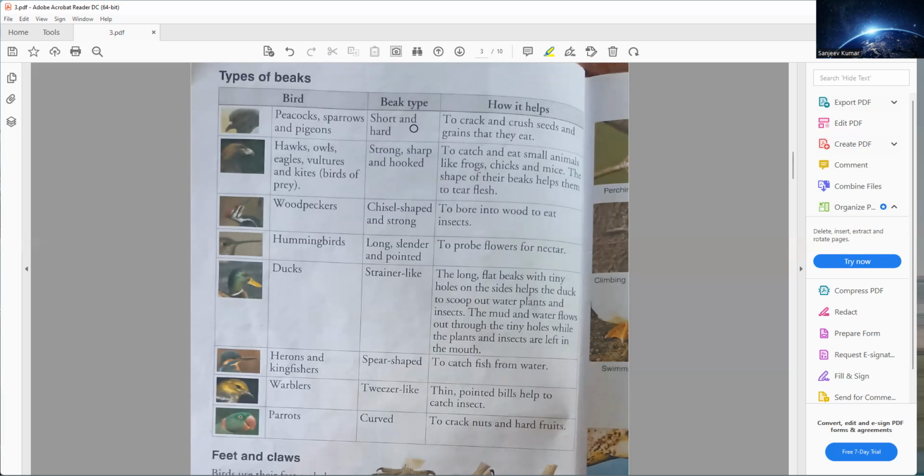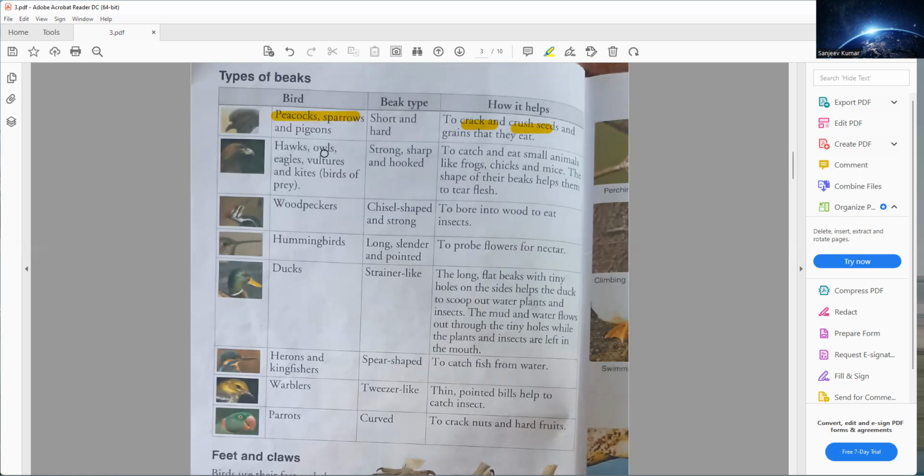They eat the seeds, the grains in the field, है ना? दिमाग में सबसे पहले they eat the grains. We give them bajra, crushed food particles, smaller particles, the grains. So with that we can think that the beak is short and hard because it helps them to crack and crush the seeds. Okay, this is peacock, sparrow.